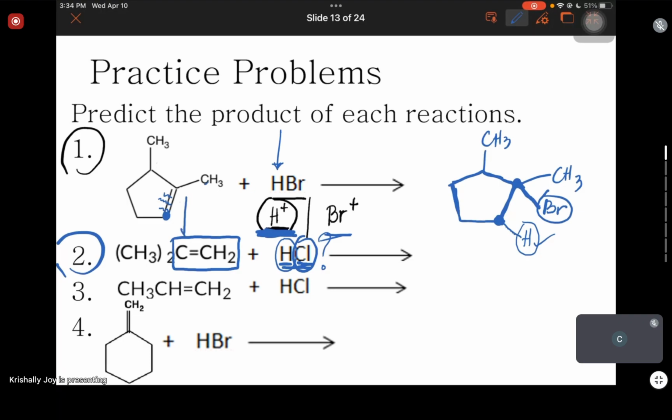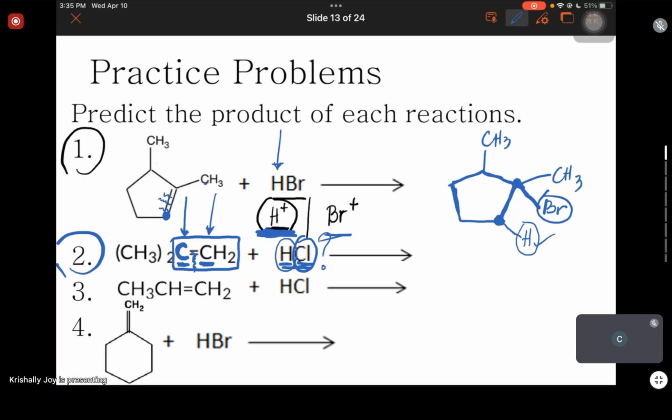Sige. First step is we break the pi bond. So i-break niyo yung pi bond and then you compare between these two carbon, asa man ang more hydrogen. O tingnan nyo lang, itong carbon na to, wala man siyang hydrogen. No, wala siyang hydrogen present.